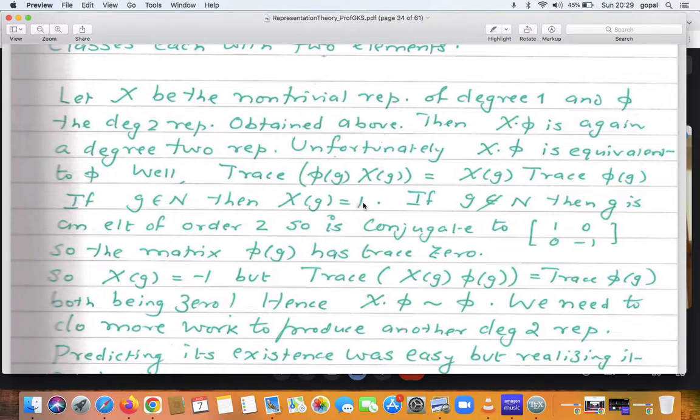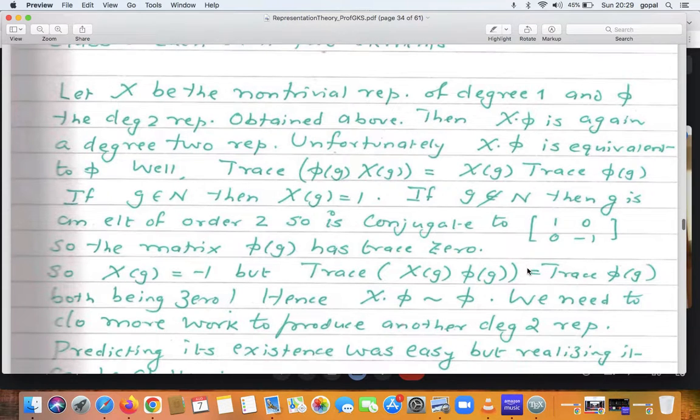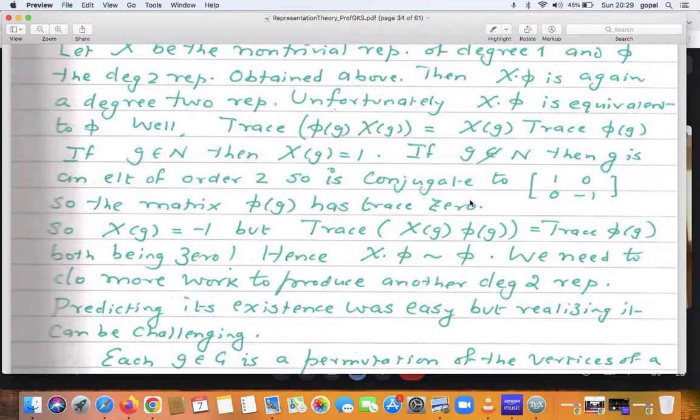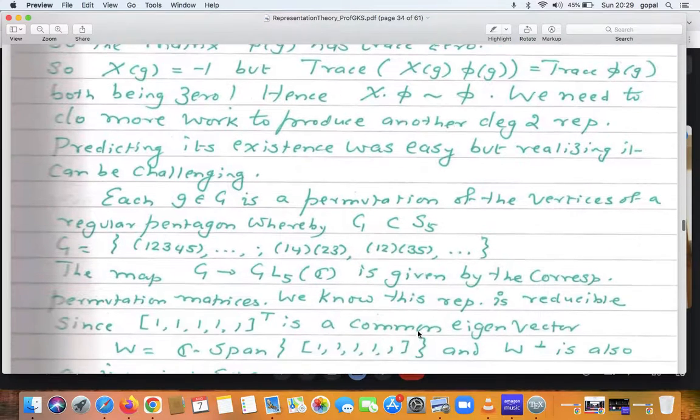So chi(g) is 1, and if g doesn't belong to N, then g is an element of order 2, so it's conjugate to this, and so the matrix has trace 0. So by looking at the traces, we can check this. We've got to do more work in order to prove the other degree 2 representation. Predicting its existence was easy, but realizing it can be challenging.